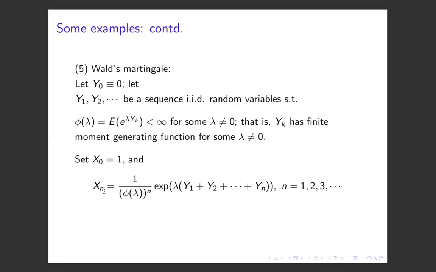So here you can see that these xn's are getting multiplied. Of course, basically it is e to the power of some additive thing. It is an exercise for you to show that this is a martingale with respect to yn.